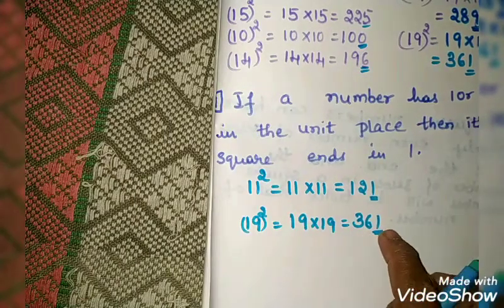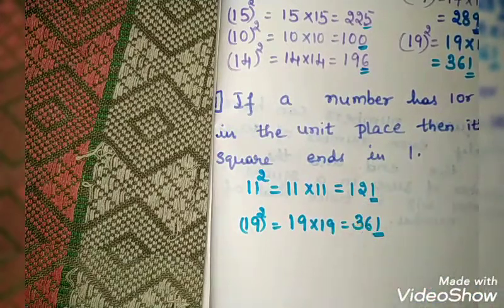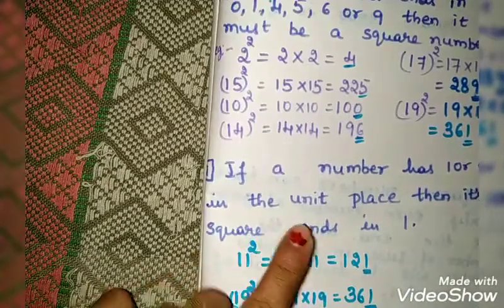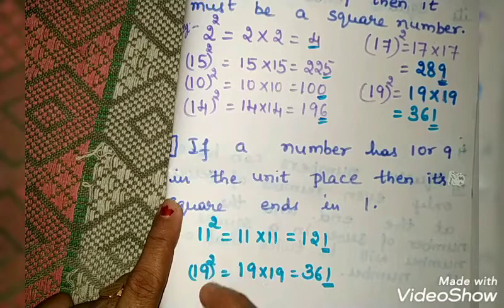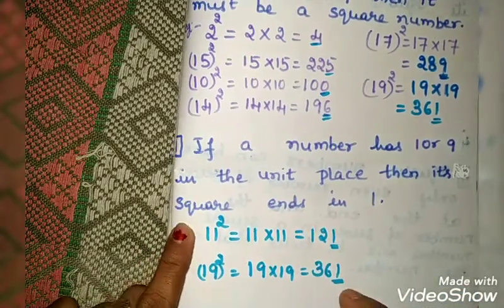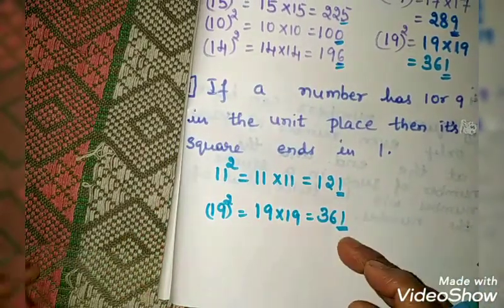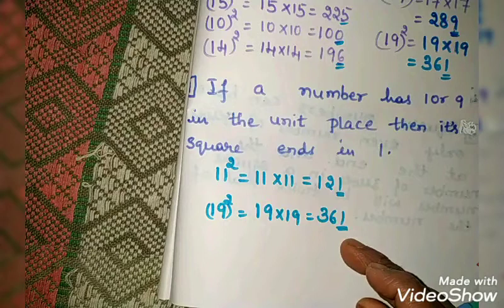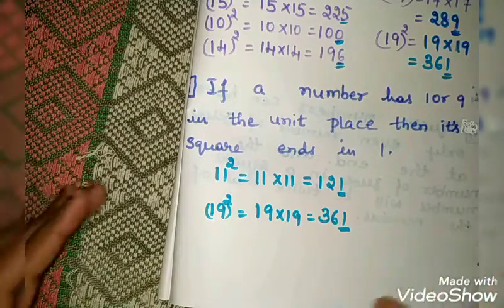Again this also ends with 1. So this property I can understand by using these examples. I hope. If a number has 1 or 9 in the unit place, then its square also ends in 1. Both of their squares end in 1, correct, no? You can observe clearly here, children. Isn't it? Yes. So this property also I hope you understood.